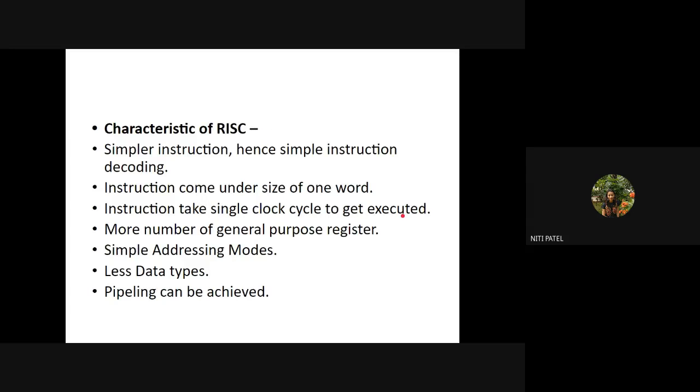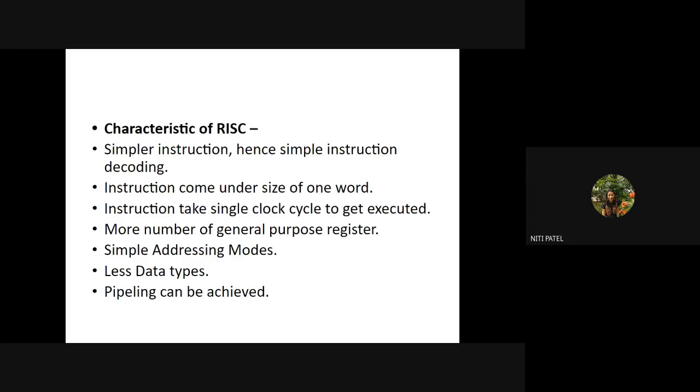Okay. Instructions take a single clock cycle to execute. Clock cycle means, if you remember, there are 2 types of clocks, synchronous and asynchronous. What do you mean by synchronous? Synchronous means it will wait for a signal, and asynchronous means it will not wait for any signal. So how is your system working? It works on the tick of your clock. The tick of your clock is some kind of a signal generated to the processor to indicate it to start its working.